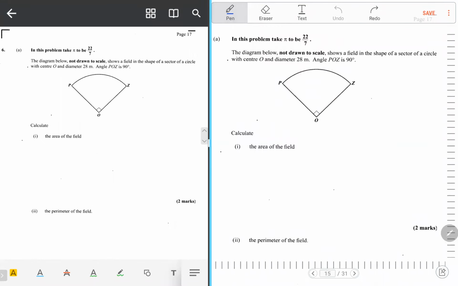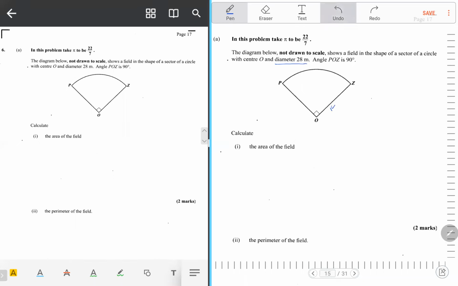The diagram, not drawn to scale, shows a field in the shape of a sector of a circle, center O, and diameter 28. So the diameter is 28, which means the radius, from the center to the circumference, is 14. First we want to get half the diameter for the radius.